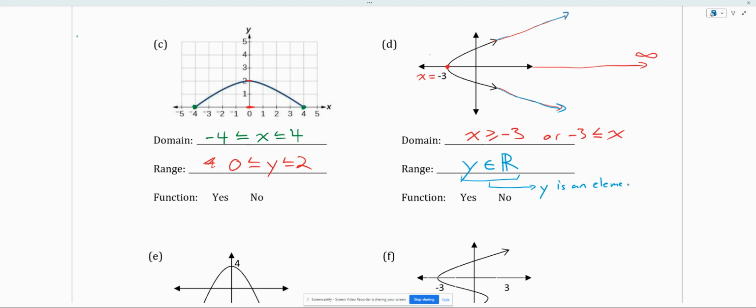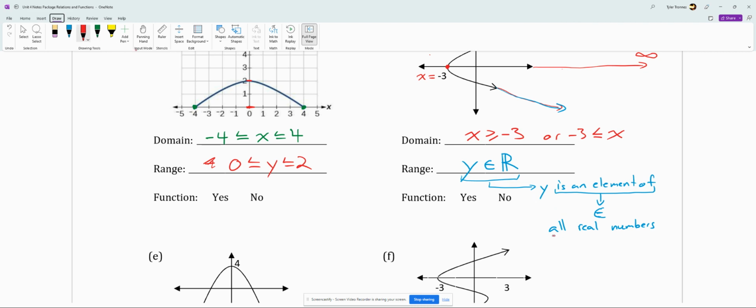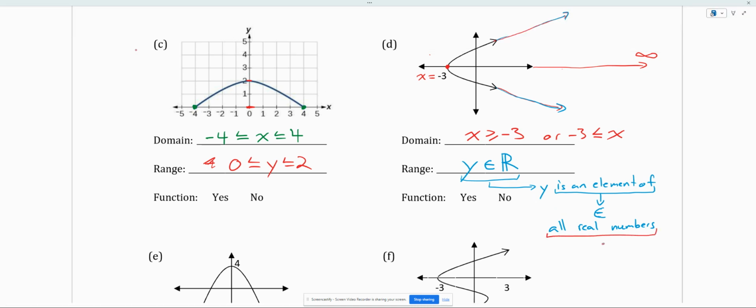This whole part is the epsilon, it's a Greek letter, of all real numbers. And that's the R.